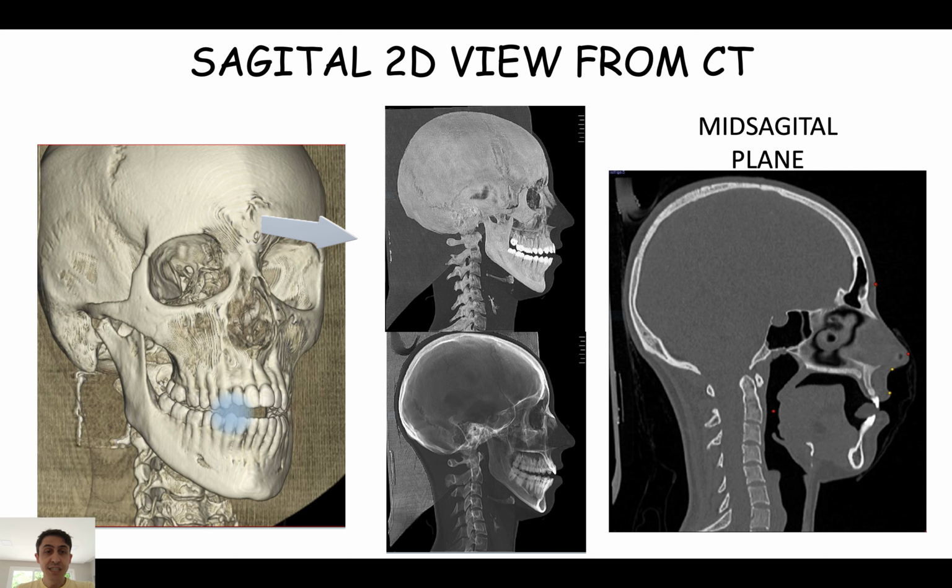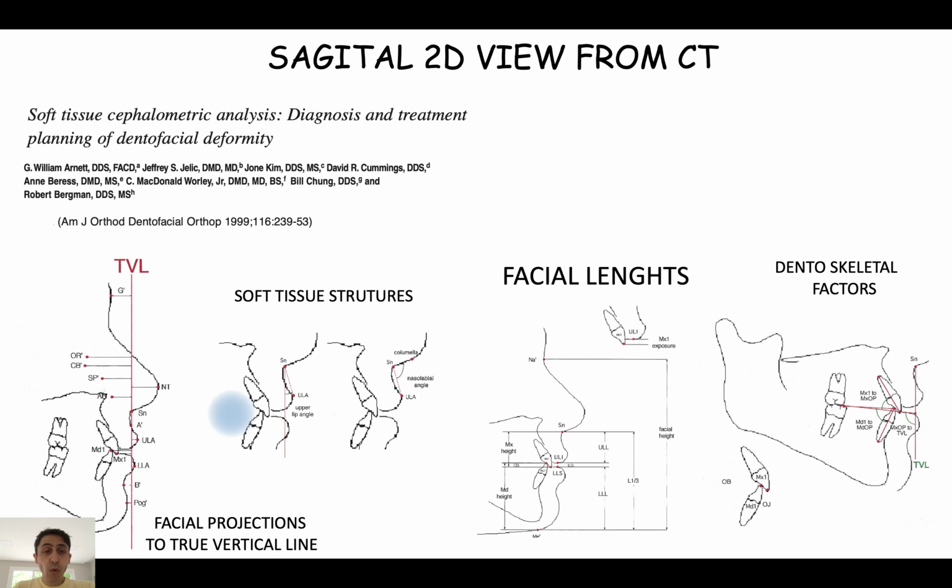After this correct orientation, after getting the planes of the skull, I can have a mid-sagittal plane obtained from the CT, and over this mid-sagittal plane, I start my soft tissue cephalometric analysis from Dr. Arnett, published in 1999.